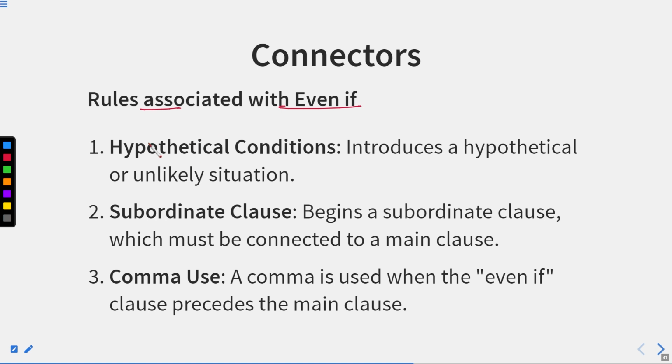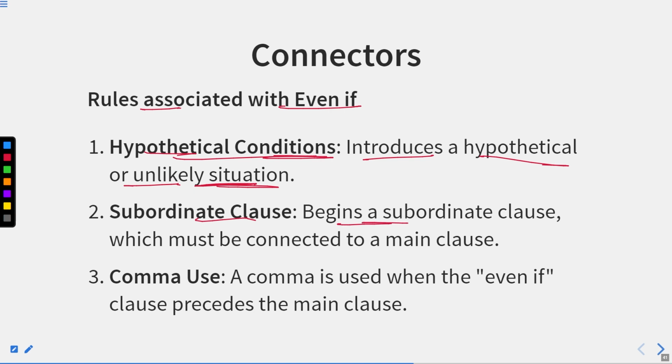Rules associated with even if. Hypothetical condition. This is the main rule associated with even if, that it shows hypothetical conditions. It means something that is going to occur in future, but that is not real or existing. This is just imagination. It introduces a hypothetical or unlikely situation. So the situation is something adverse which is not liked.